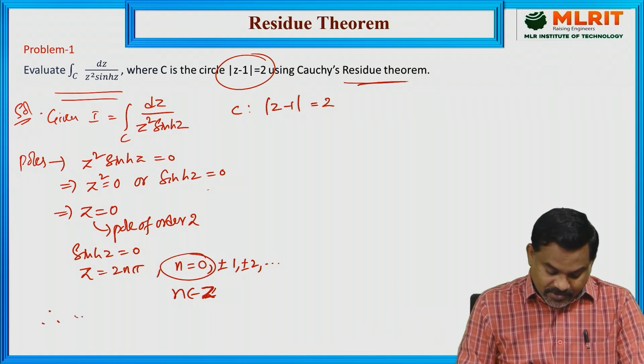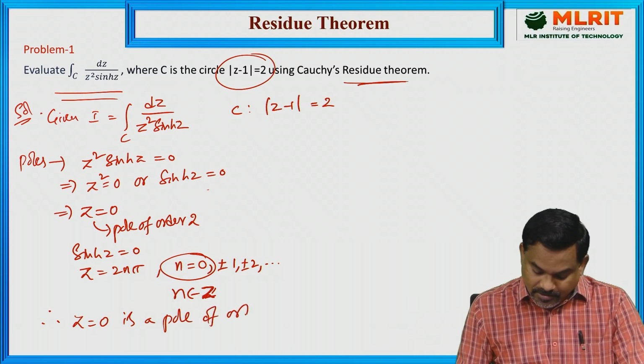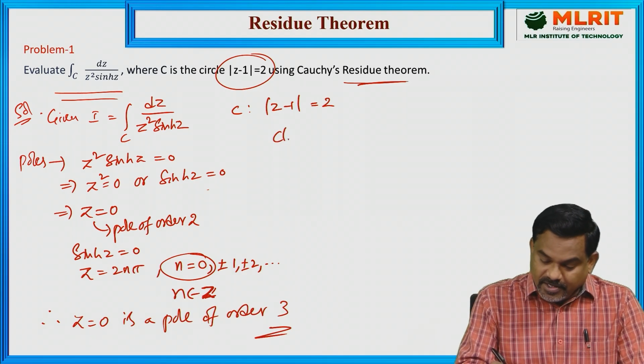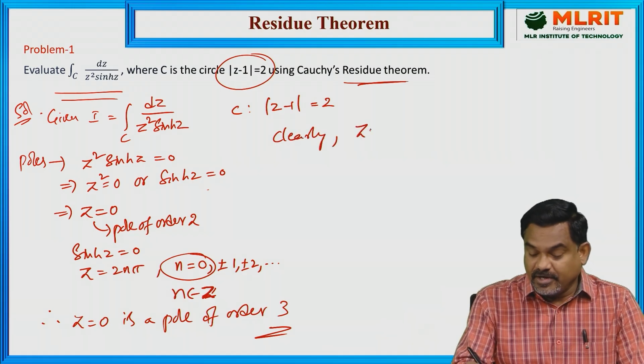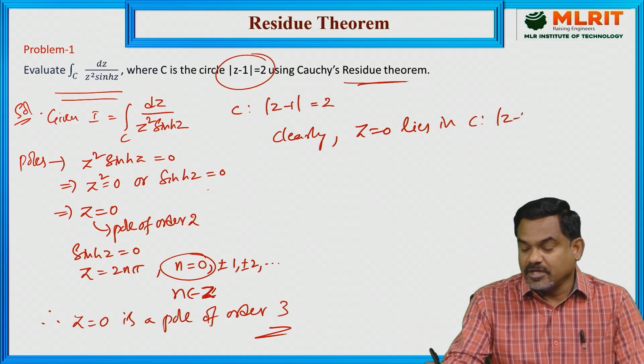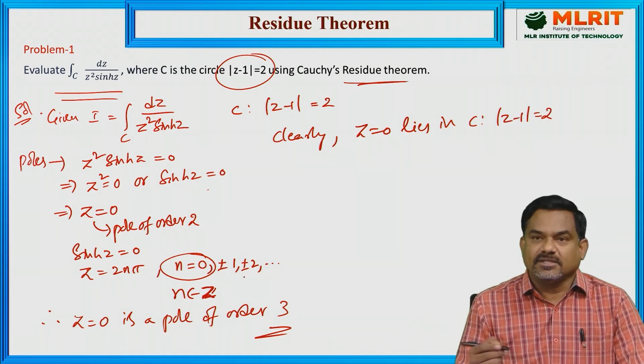Therefore, z equal to 0 is a pole of order 3. It is very clear that only z equal to 0 lies inside the given circle mod z minus 1 equal to 2. For all the remaining n values, the points lie outside the circle.